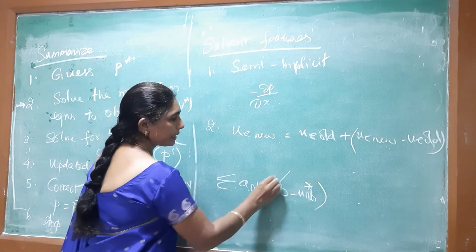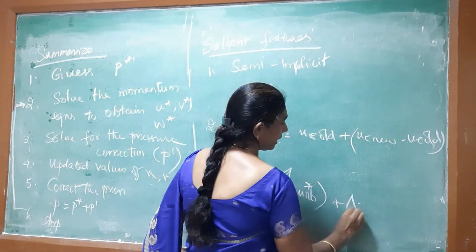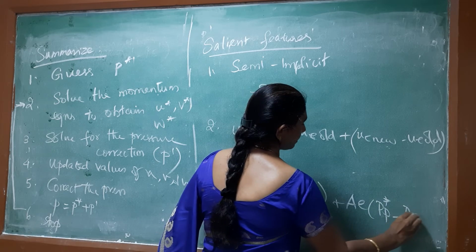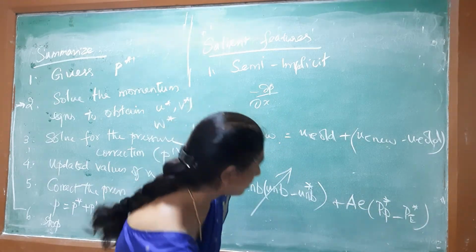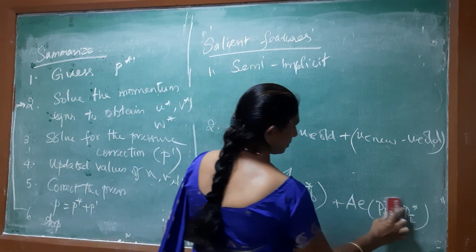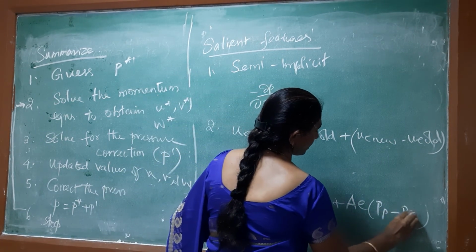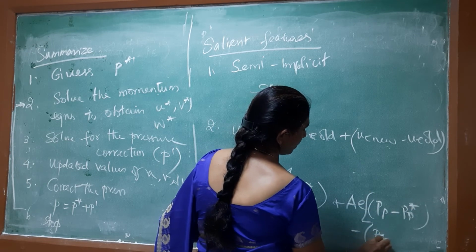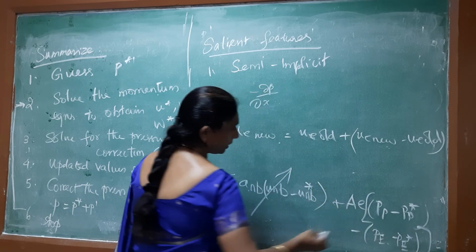So because we had omitted this term initially, and there was AE into PP star minus PE star, right? PP minus PP star minus PE minus PE star, right?